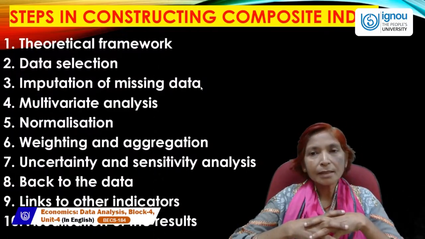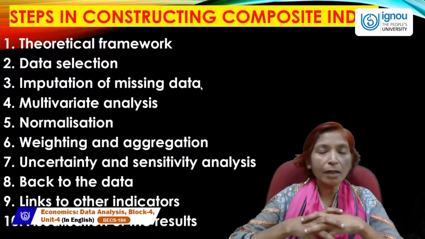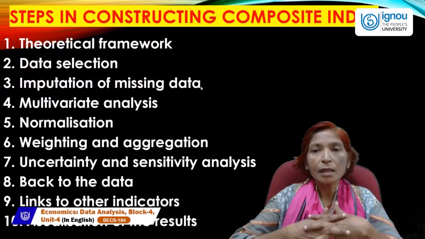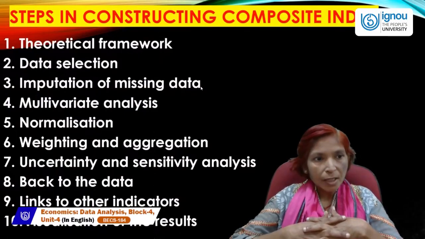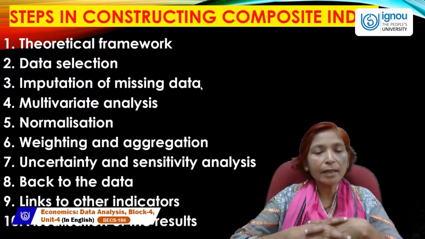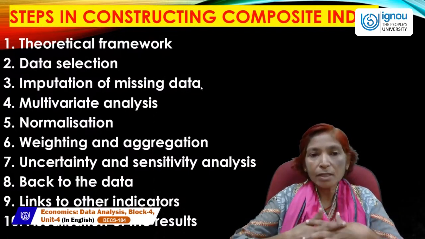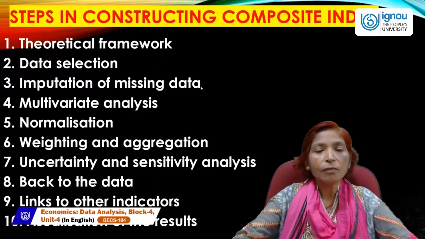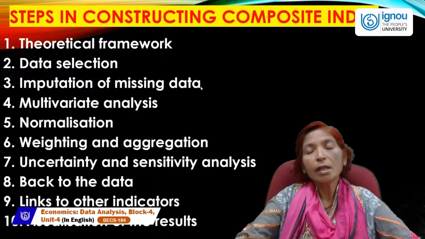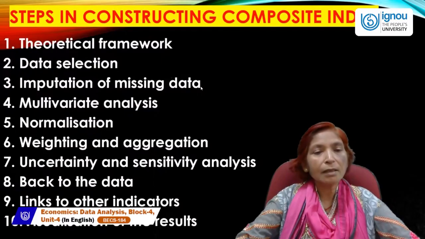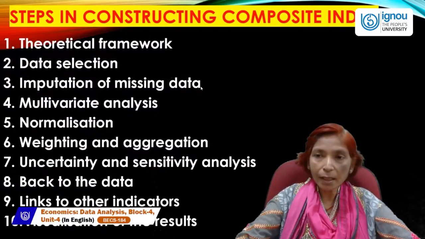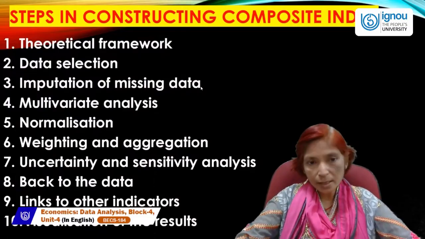We have to select the data which we are using in this composite index. Next is imputation of missing data. We have to impute, to estimate, the missing data which is necessary for making this composite index. Then, how we can impute and estimate the missing data, we have to do this.